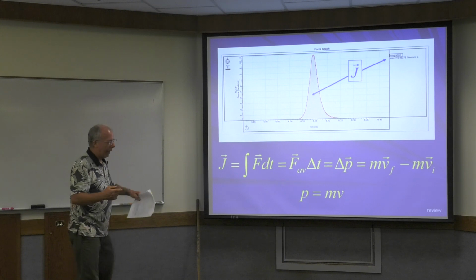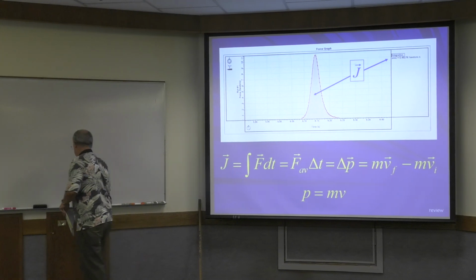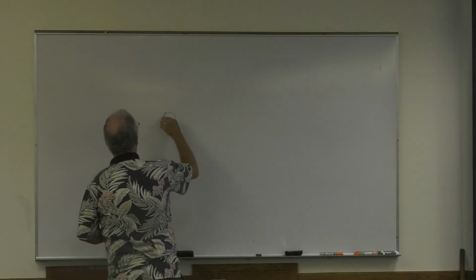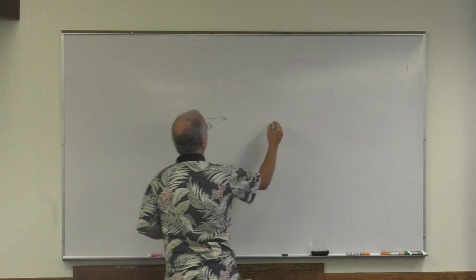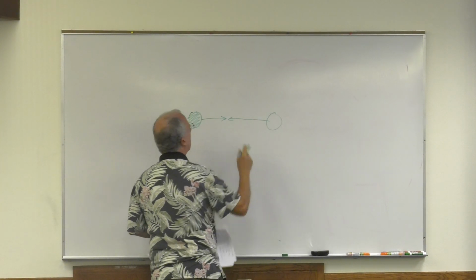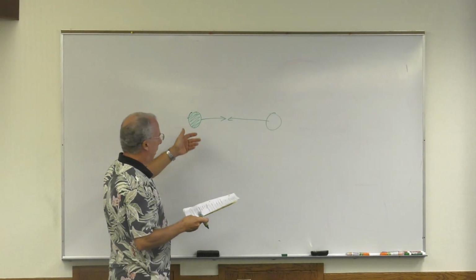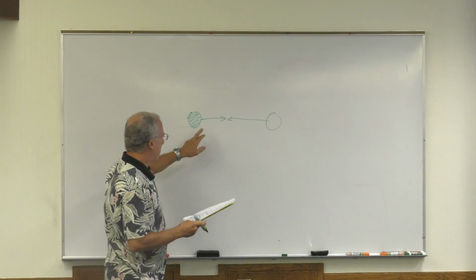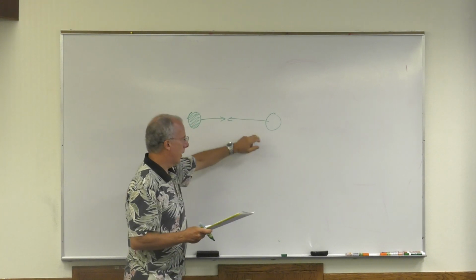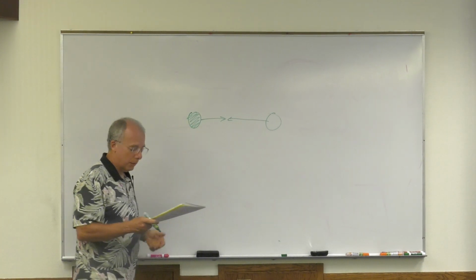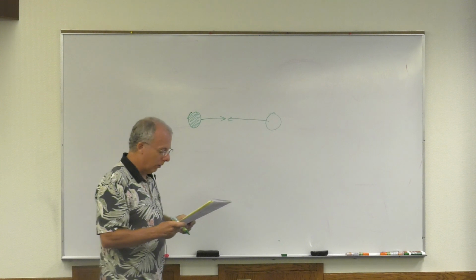Like let's say we collide two balls. So we have this ball colliding with this ball, so there's a collision, right? We say that this ball exerts an impulsive force on that one, and that one exerts an impulsive force on this one.